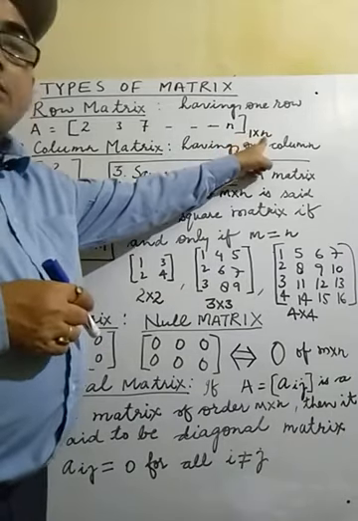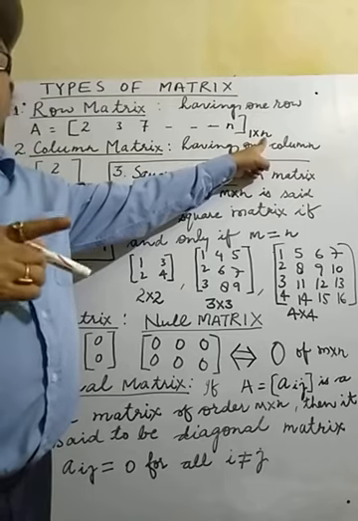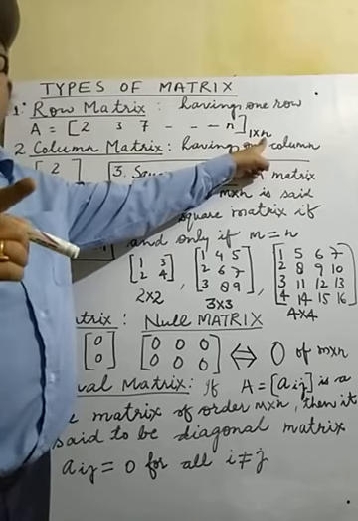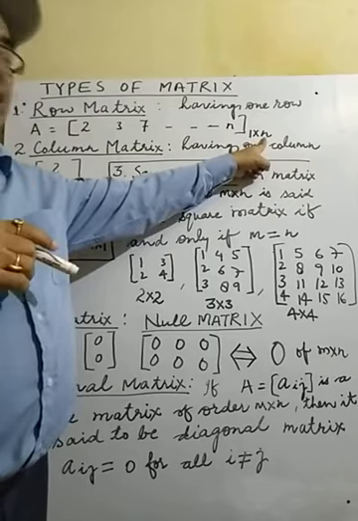It may be 1 column, 2 columns, 3 columns, 4 columns, and so on, up to n columns. But the number of rows is already decided. It will be only one row. That's why this type of arrangement of numbers is called a row matrix.